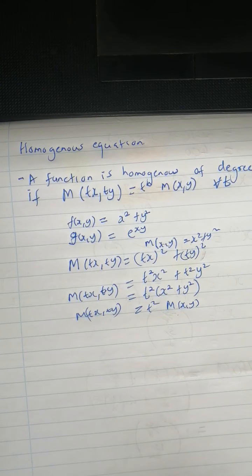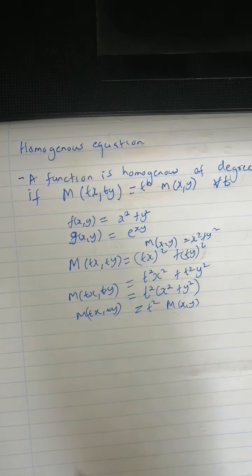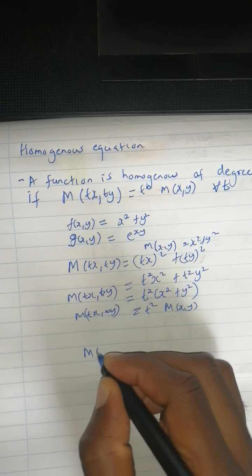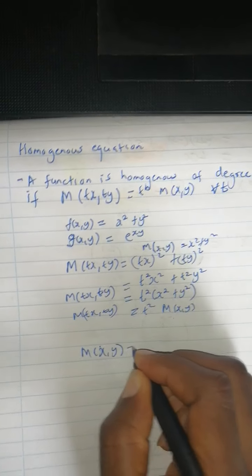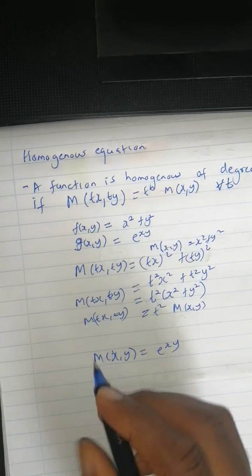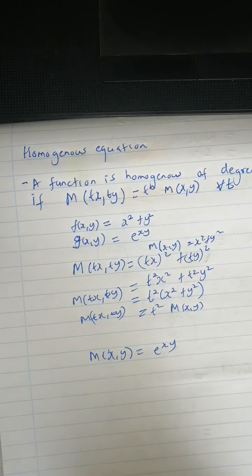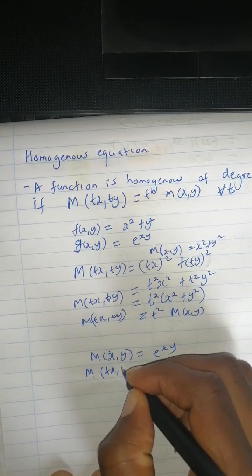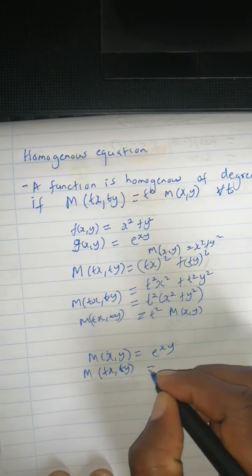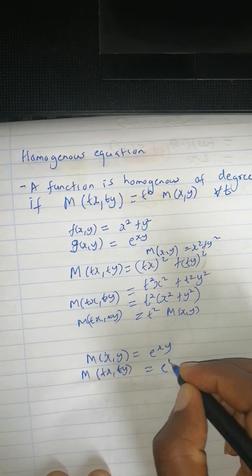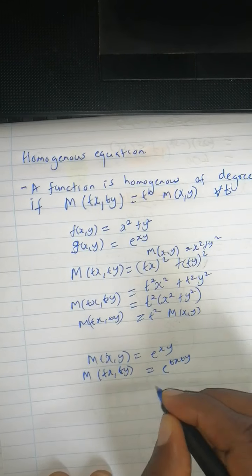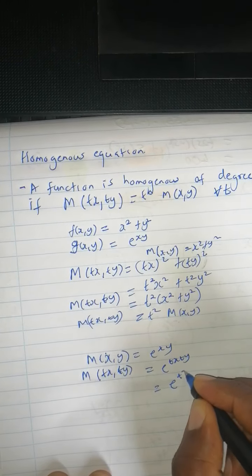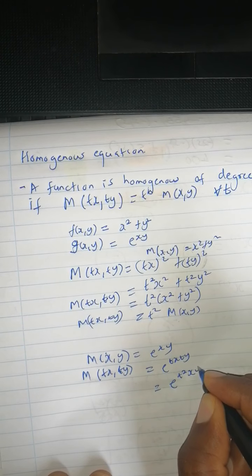Let's test whether f is homogeneous. We want to see whether we can use this method or not. So M of x, y equals e to the power xy. If we want to find M of tx, ty, we're going to replace x with tx and y with ty, e to the power tx times ty. So this is going to be e to the power t squared xy.